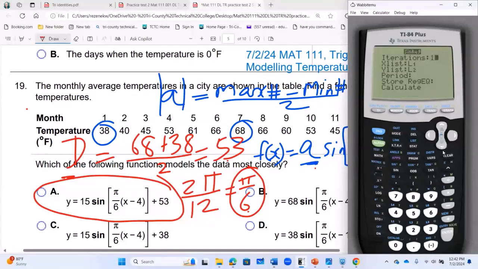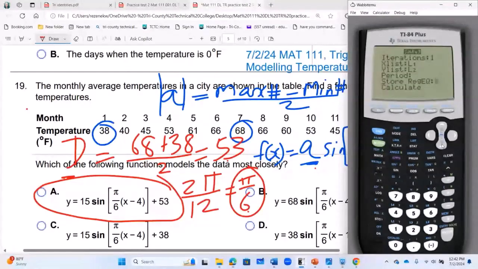If it doesn't want to move, then I put 1 iteration. Okay. Then I go to L1. L1 is my months. L2 temperature. I don't want to write the period. And then I want my equation stored in Y1. So I'll tell my calculator to store my equation in Y1.